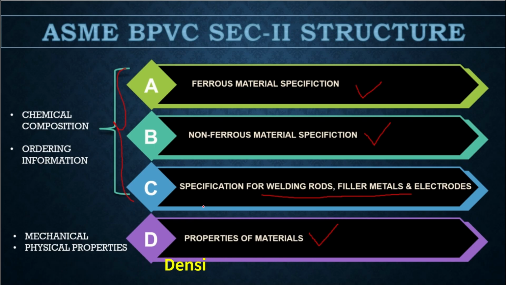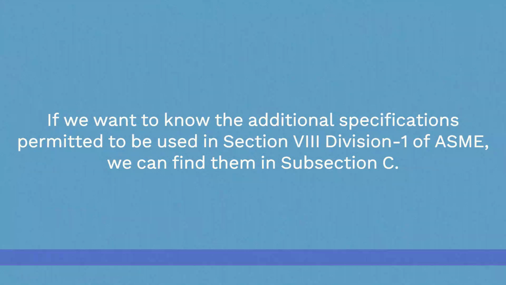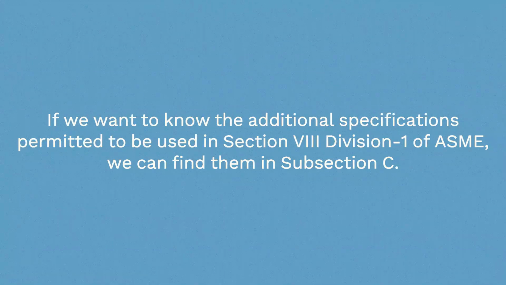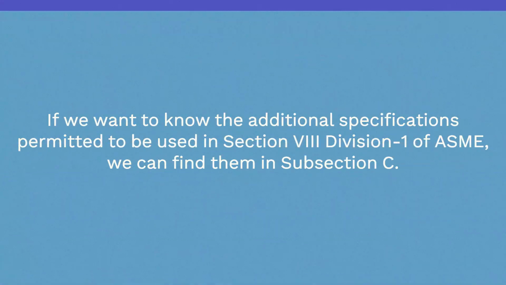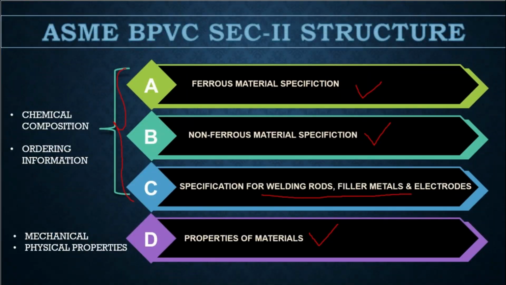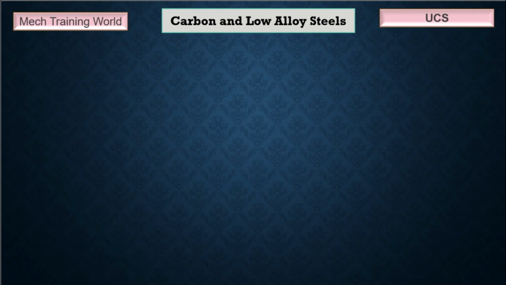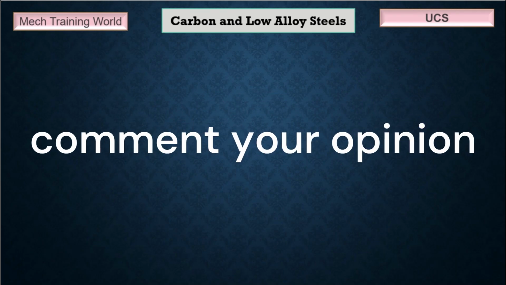So all of that you get from part D. But if we want to know the additional specifications permitted to be used in section 8 division 1 of ASME, we can find them in subsection C. So subsection C provides the additional details, additional specifications which are permitted specially for section 8 division 1 code. So that is why we are referring to subsection C in ASME BPVC section 8 division 1 code.